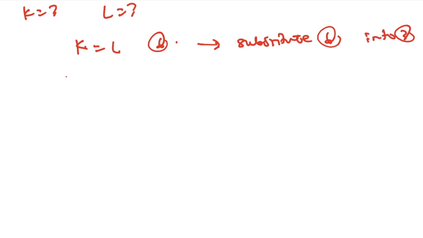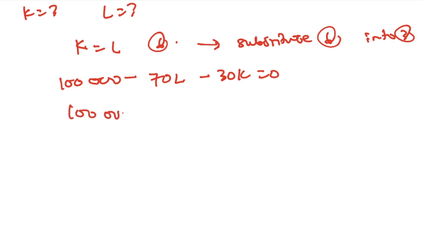Because 3 is like this, 100,000 minus 70L minus 30K equal to 0. Let's substitute K equal to L here. Because L is equivalent to K, I simply put K also, minus 30K equal to 0.